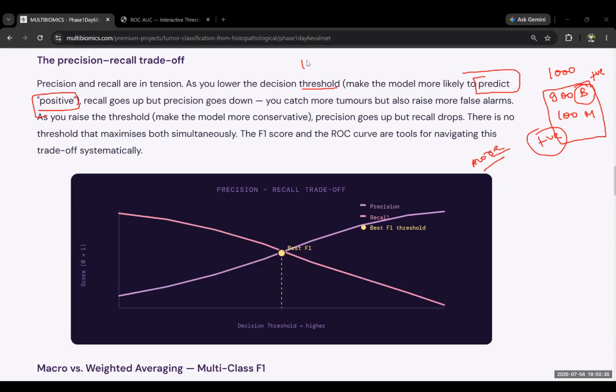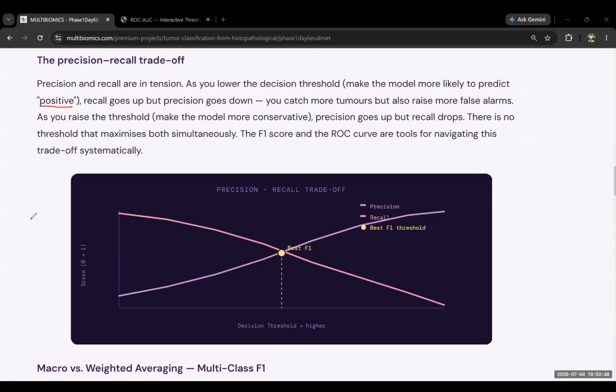The threshold is to limit something, you should never go beyond this number. It is stopping you from going beyond that number. More than a certain number of positives we should not have. Otherwise your model is actually not learning, just randomly telling all are positives. So that is a decision threshold.